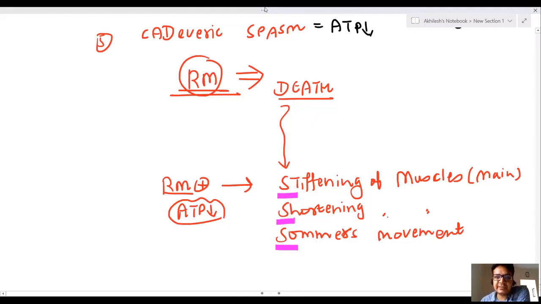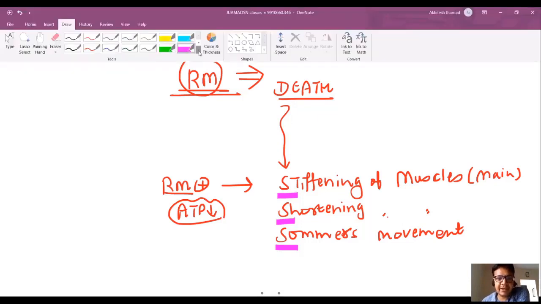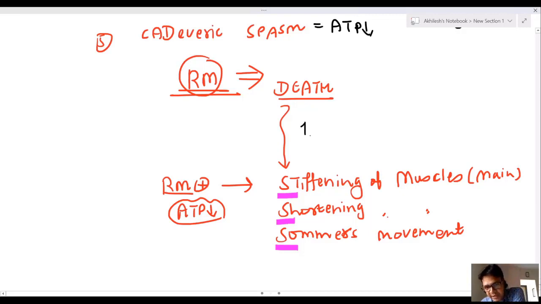The time interval between death and rigor mortis is known as primary flaccidity or primary relaxation time.